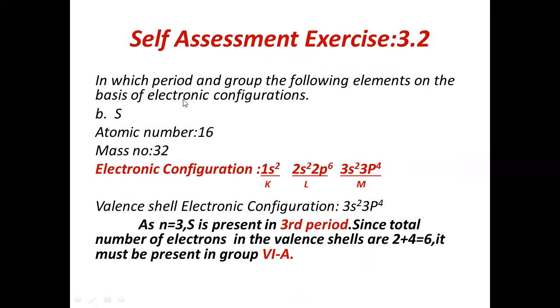Sulfur, atomic number 16, configuration 1s2, 2s2, 2p6, 3s2, 3p4. The outermost shell is 3s2, 3p4, n is equal to 3, so third period, and electrons are 4 plus 2 equal to 6, so sulfur is present in group 6A of the periodic table.